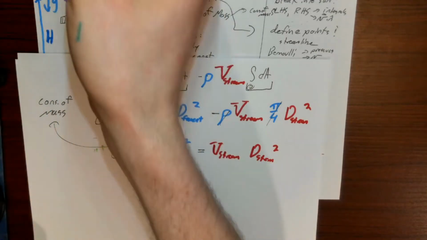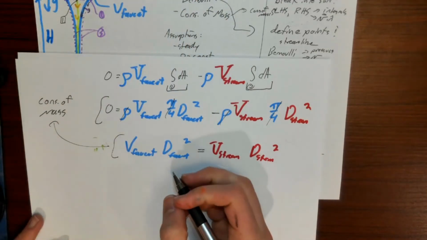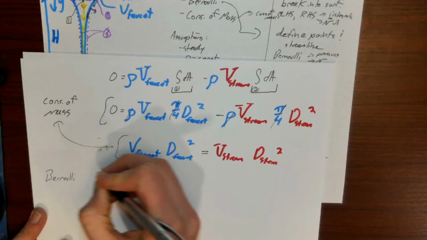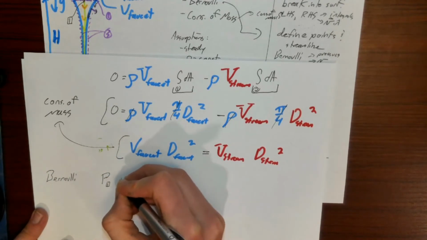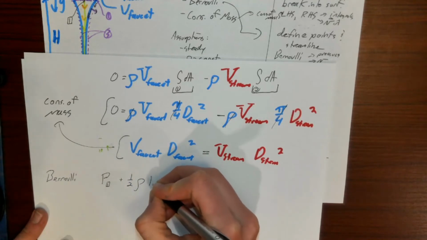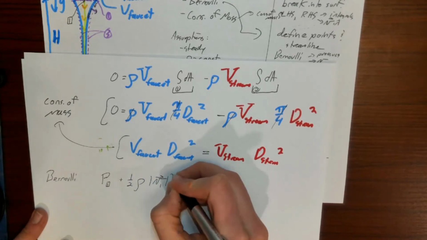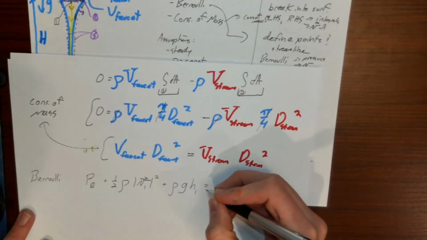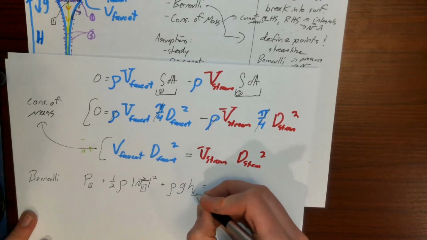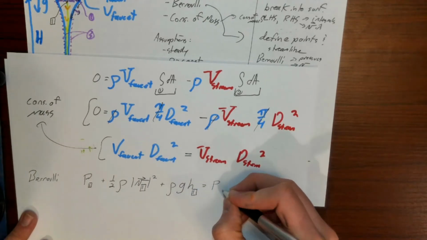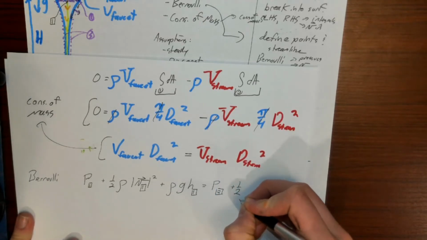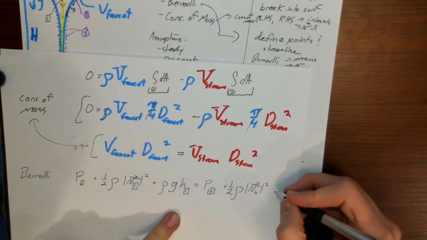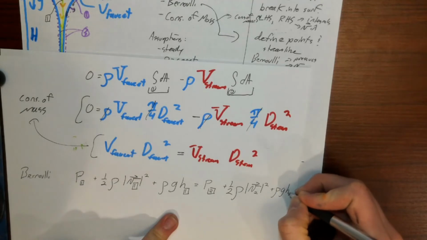Let's go ahead and invoke Bernoulli to help us. So Bernoulli basically said, the pressure at point 1 plus 1/2 rho times the magnitude of velocity at point 1 squared plus rho g h1 was equal to the pressure at point 2 plus 1/2 rho times the magnitude of our velocity at point 2 squared plus rho g h2.